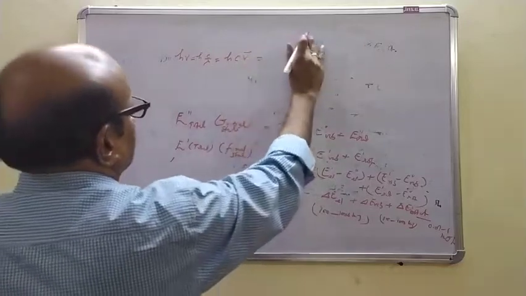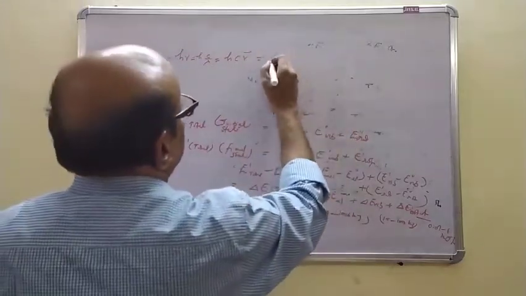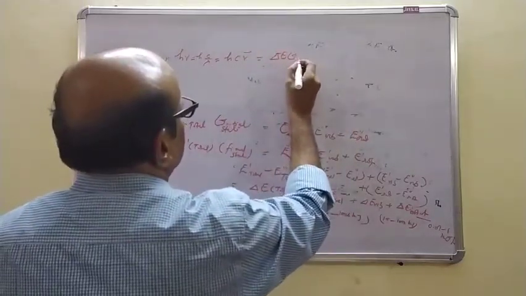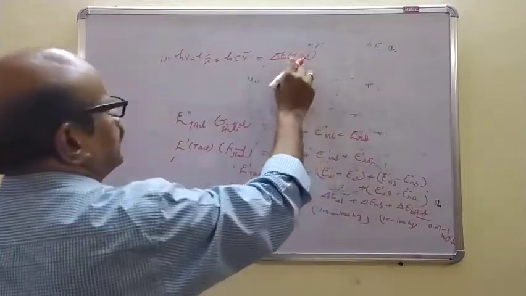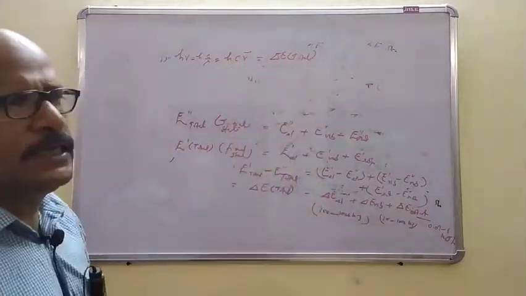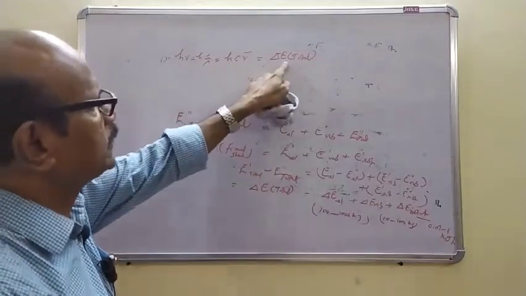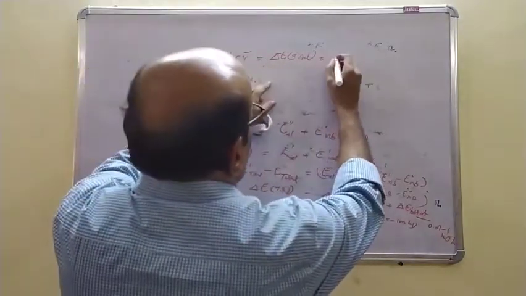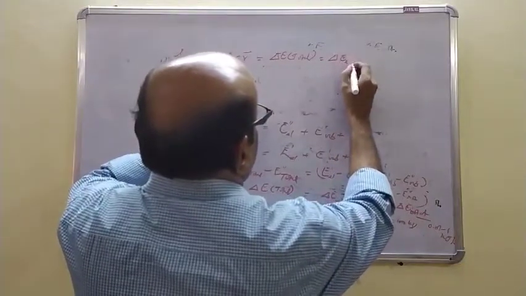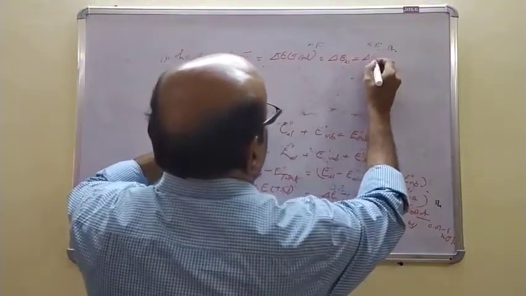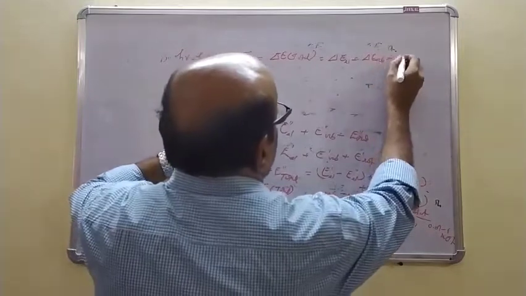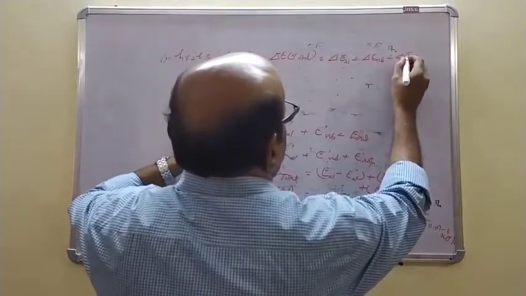So h c nu bar is equal to delta E total. The amount of energy absorbed by the molecule for electronic transition is h c nu bar, equal to delta E total, that is delta E electronic plus delta E vibrational plus delta E rotational.